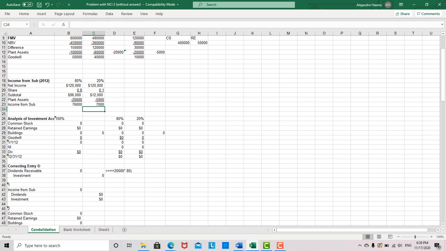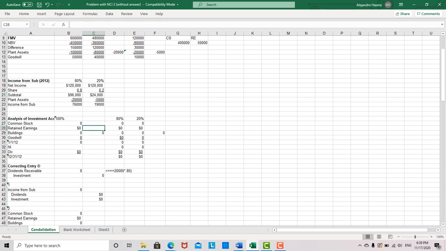Just want to make sure that that number is correct before I go on here. One correction, that's 20%, not 10%. Didn't ring a bell there, but the income for the non-controlling interest is $19,000.